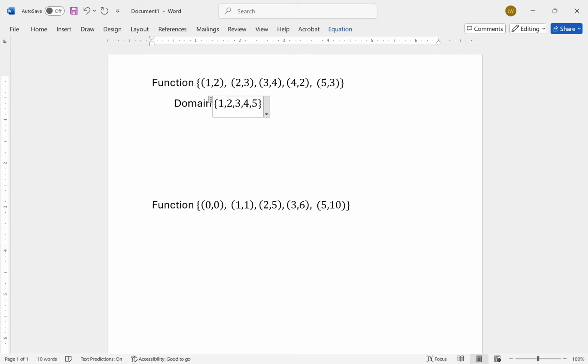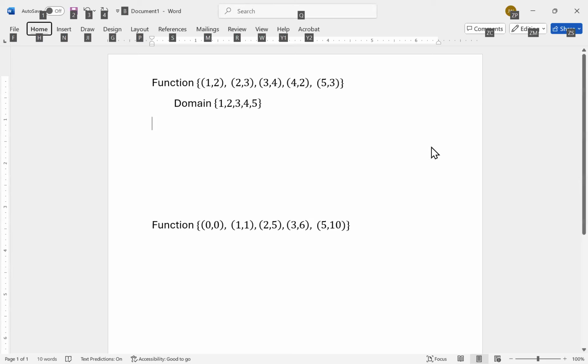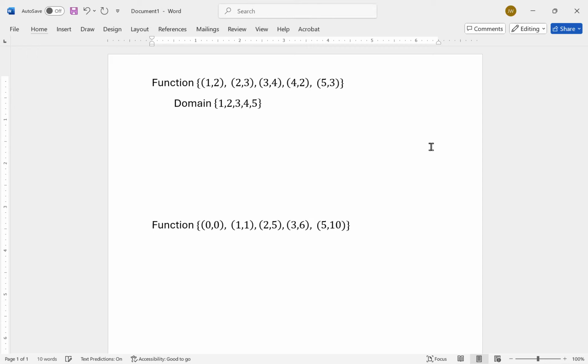So the set containing 1, 2, 3, 4, and 5 is the domain. On the other hand, the range is the set of outputs, and again, we write those in set brackets.